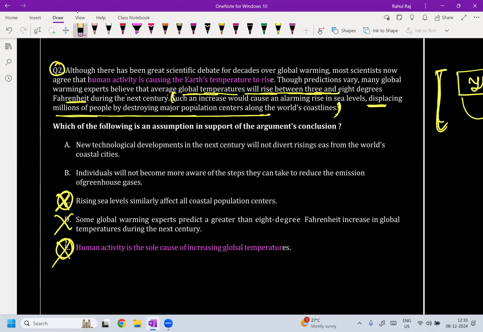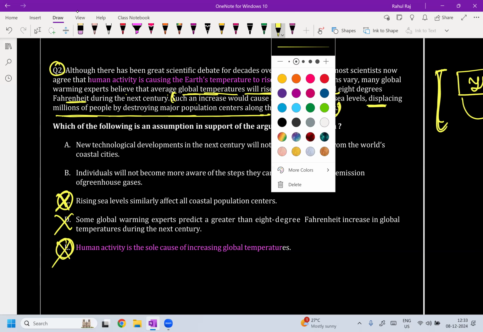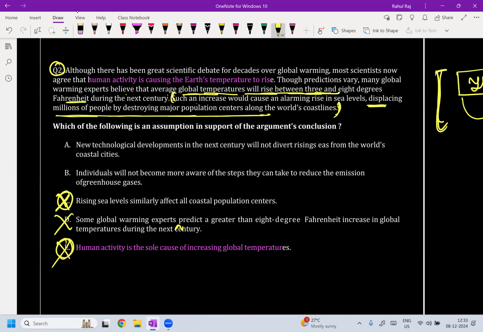So whether the prediction is above or below 8 degrees, it has no bearing on the conclusion. You are trying to negate a fact. If you negate it, I can say again, this is nothing but a restatement of a fact. One sec. Sometimes my pen goes mad.